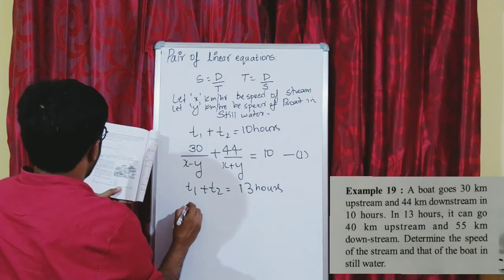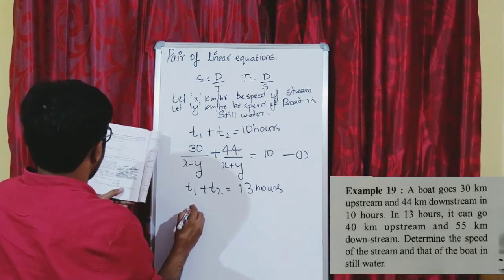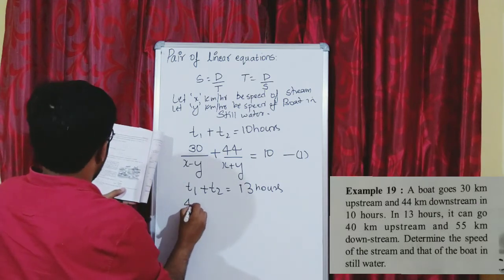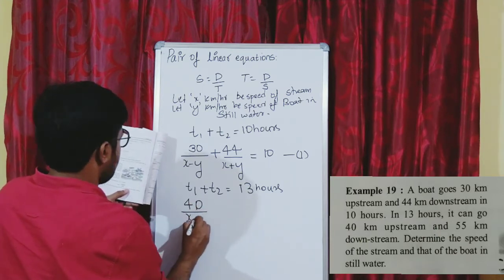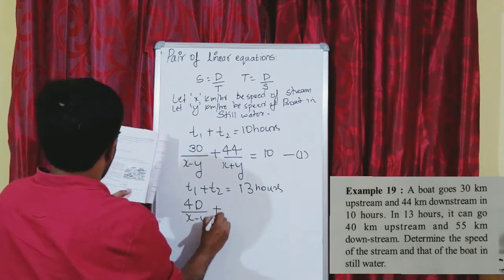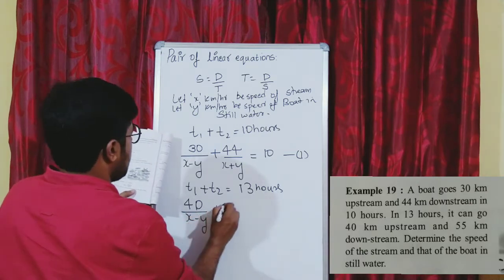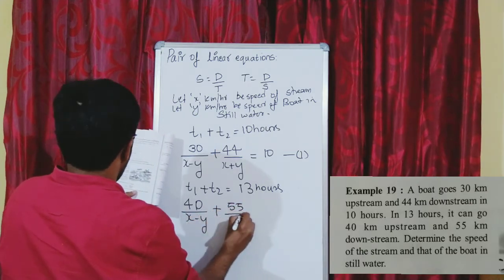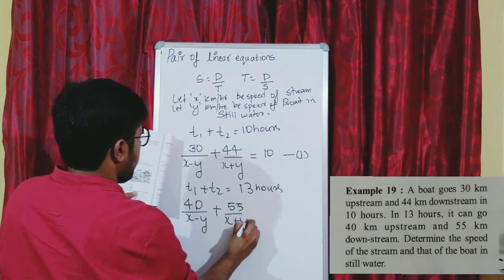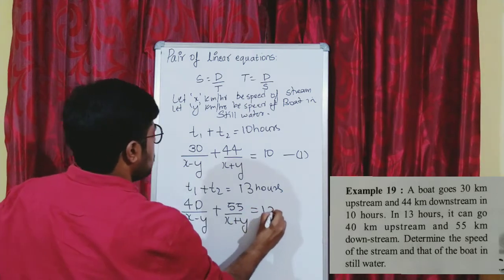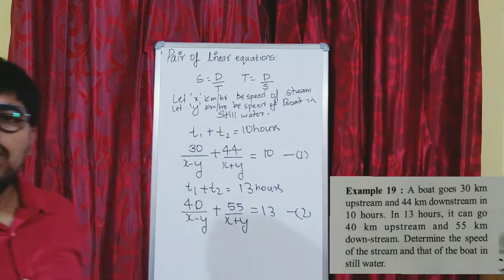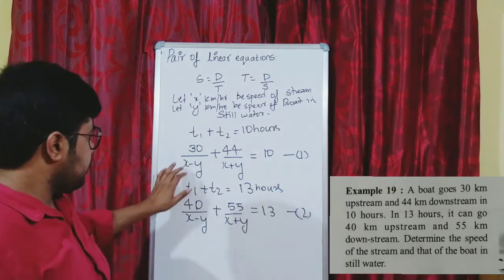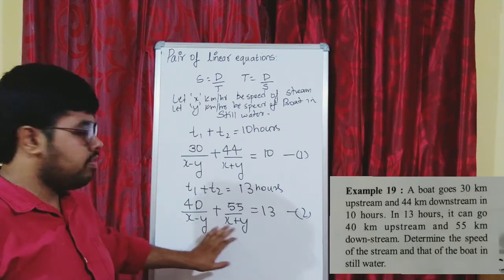First is 40 km upstream, so 40 by x minus y, plus next is downstream, 55 by x plus y, equal to 13. So this is your second equation, and see, these equations are in reducible form.